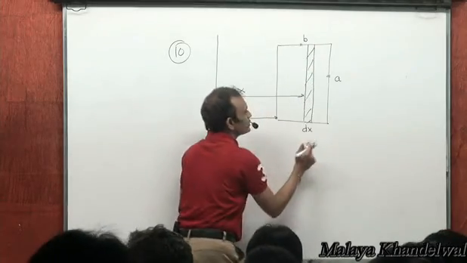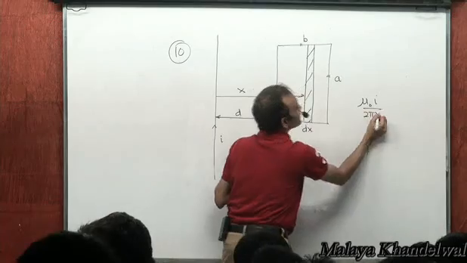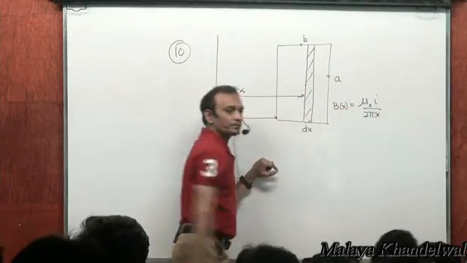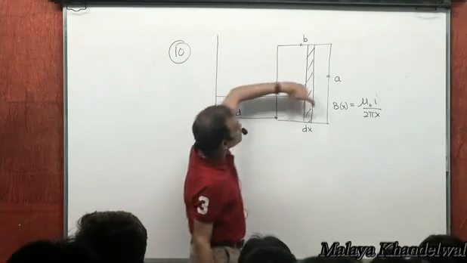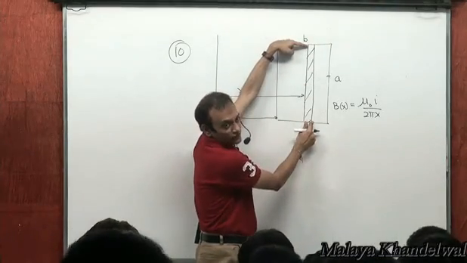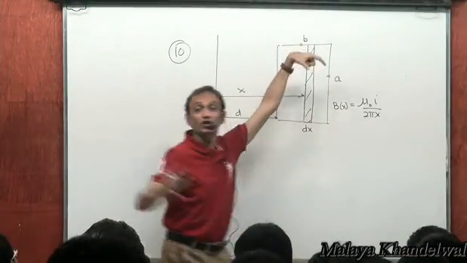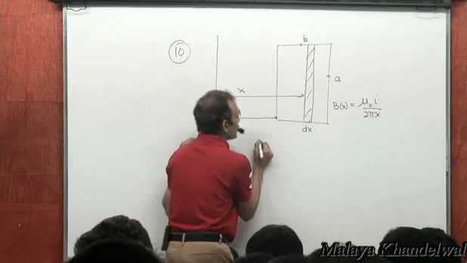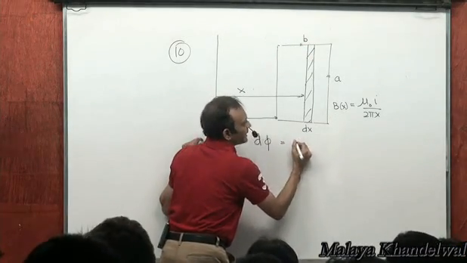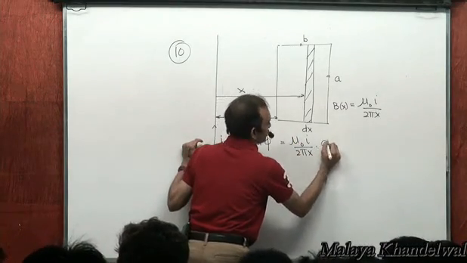So B at every point of this strip is going to be mu naught I divided by 2 pi x, the magnetic field at every point of this, B at given x. So the flux associated with this is going to be: A into dx is the area of this strip, A into dx into B will give me the flux associated with this. So the flux associated with the chosen element is going to be B at x, which is mu naught I by 2 pi x, into A dx.